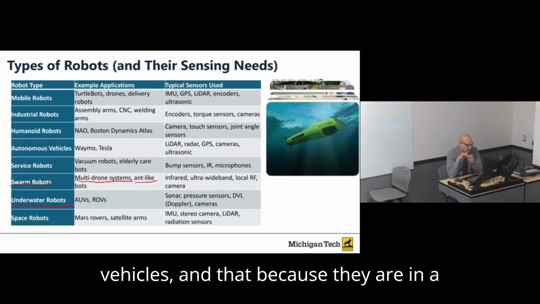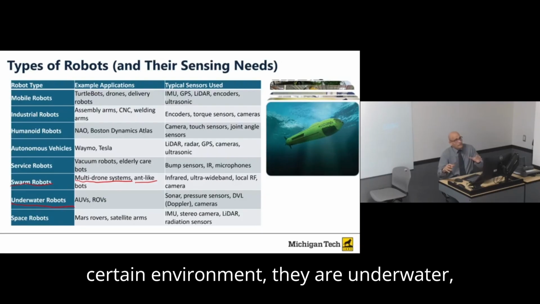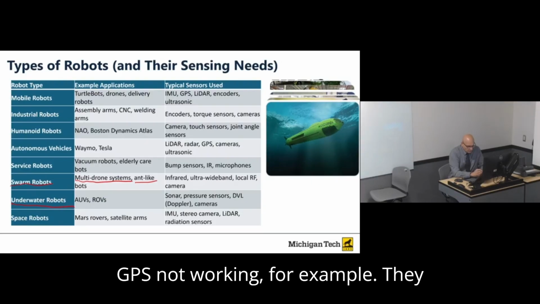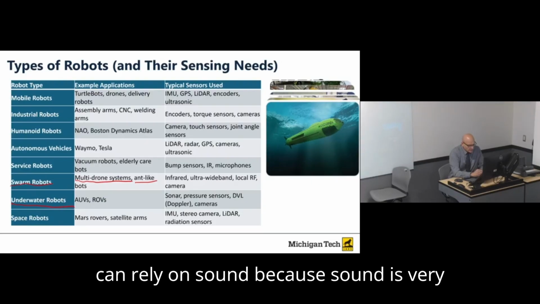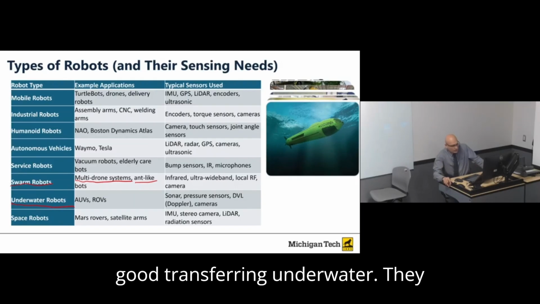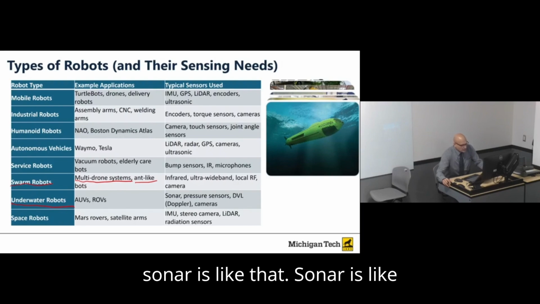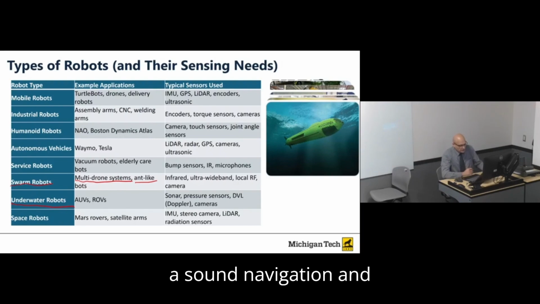Because they are in a certain environment, underwater, some sensors do not work. GPS is not working, for example. They can rely on sound because sound transfers very well underwater. They can use anything related to sound, and sonar is like that. Sonar is a sound navigation and ranging system.